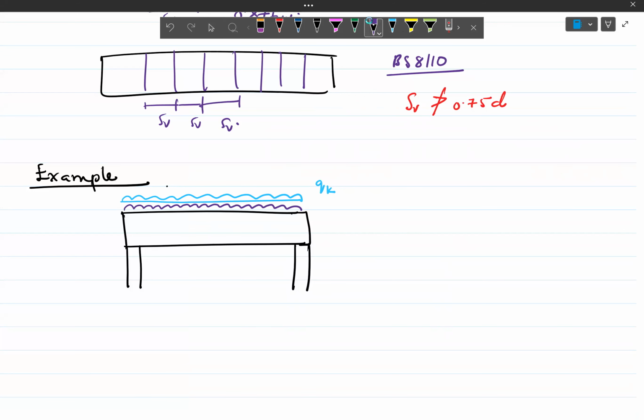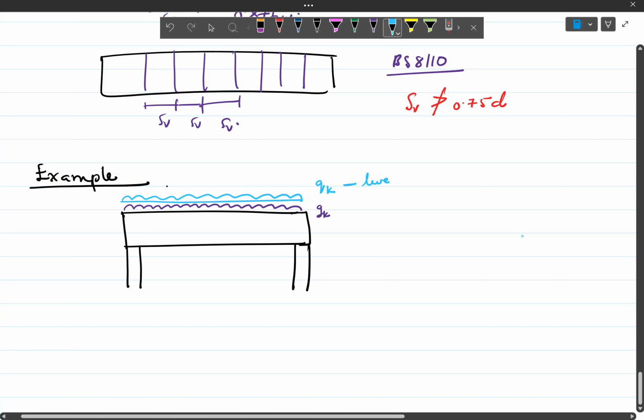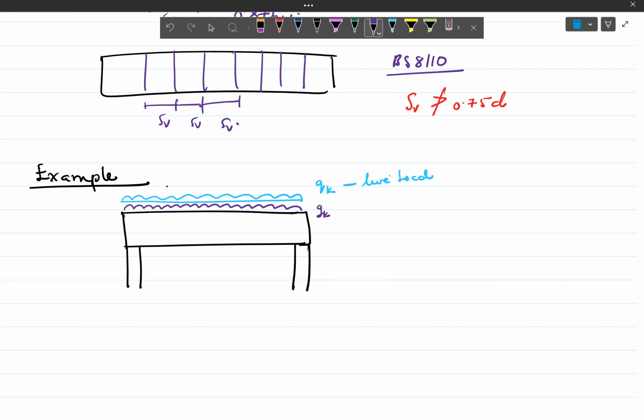Okay, great. And then the GK, let me hide this. Okay. So this is for the live load or the imposed load. And then this one here is for the dead load. Please take note.